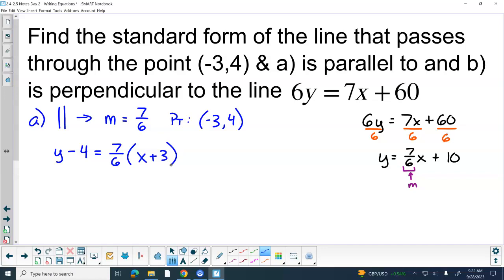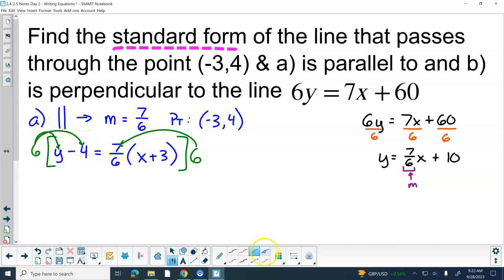Now, because I know that we need to be in standard form, that means no fractions, I'm going to get rid of this fraction by multiplying this entire equation by 6. So the 6 gets multiplied there, there, and there.